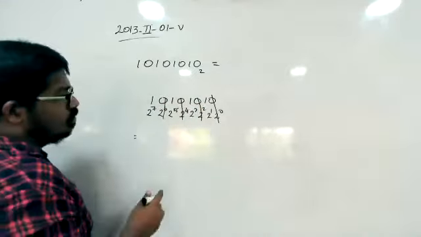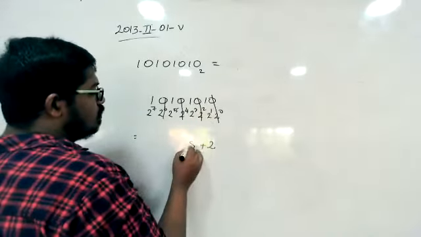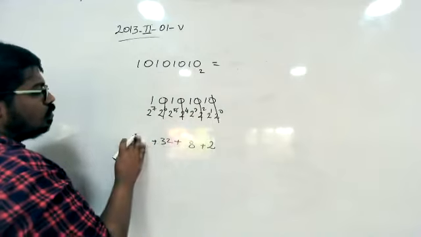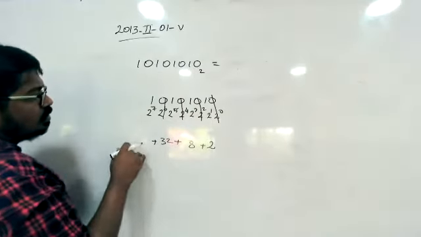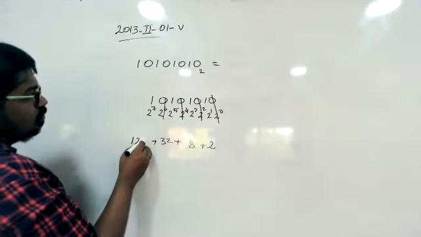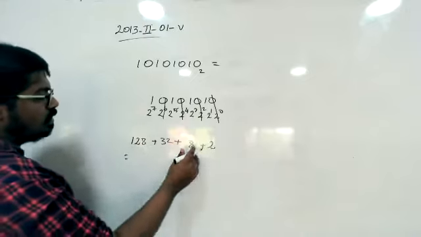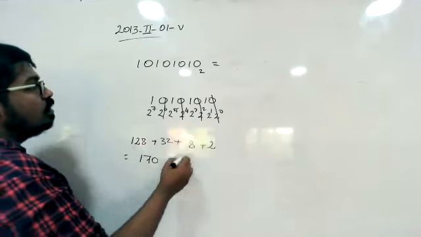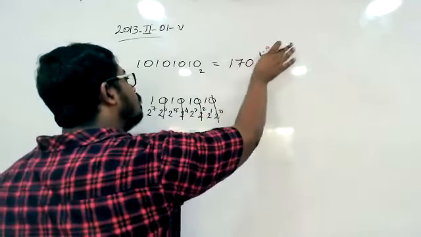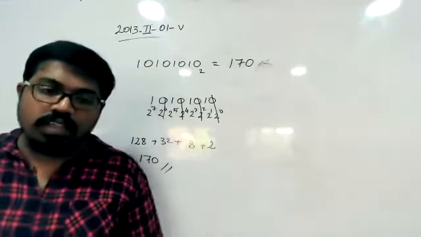Multiply it by 0. 2 to the power 1 is 2, 2 into 1, 2, plus 2 to the power 3 is 8, plus 2 to the power 5, which is 32, plus 2 to the power 7, which is 128. 128 plus 32 is 160, 168, 170. So you have to say 170 base 10. Writing base 10 is not compulsory. You can write straight away 170 as your answer.